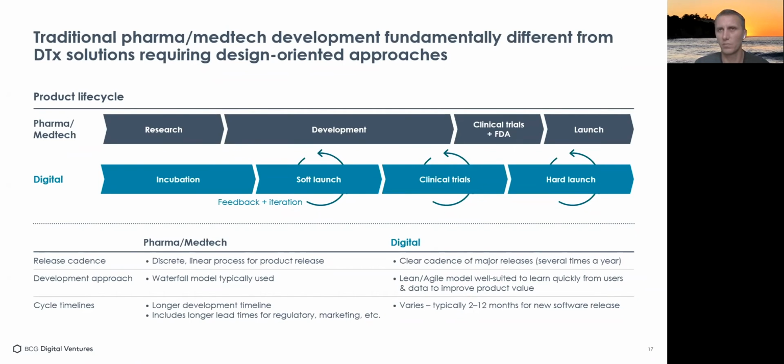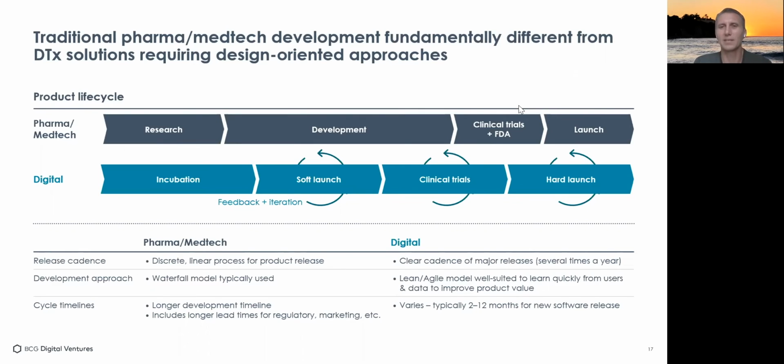There's 1 or 2 registration trials, so big clinical trials, and those are associated with the submission to the FDA. And then there's a launch. Now, this process is very sequential in nature, and clinical trials are done in a blinded way, so that as they run, you're not necessarily seeing the data, and you look at the outcomes when complete. And that's why drugs fail at a pretty high rate.